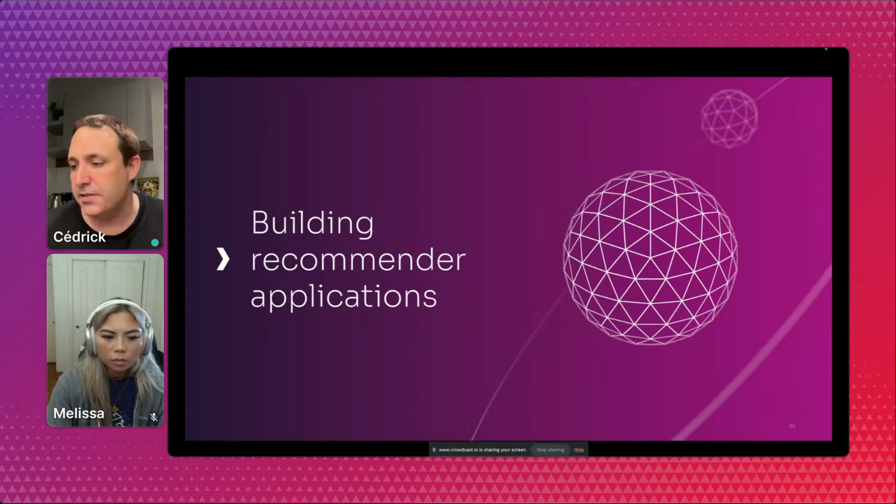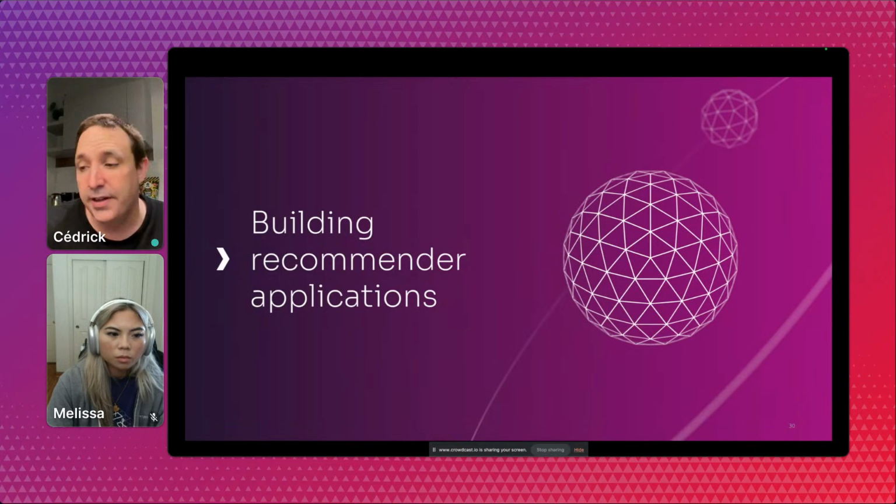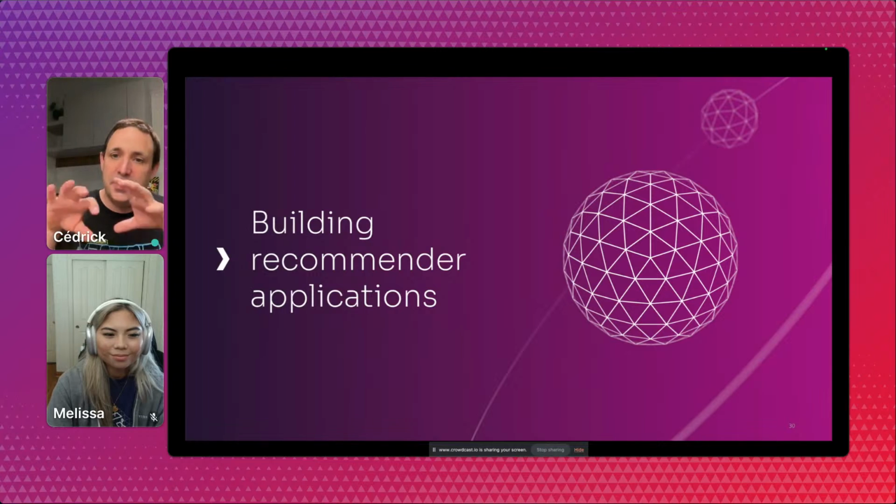So with this use case, we can build a recommender, because the recommender is: find me what is the closest to me. Here I put a little sphere, because you can see your product catalog on the graph, and a vector store, a vector database.